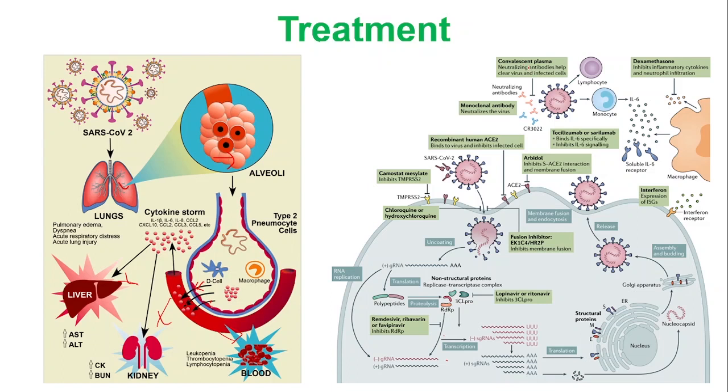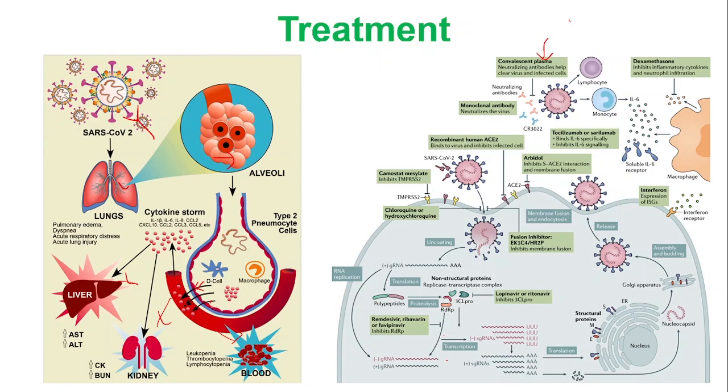Convalescent plasma is derived from an already infected person who has recovered, and this plasma contains neutralizing antibodies. These neutralizing antibodies bind to coronavirus spike proteins. Suppose these spike proteins are blocked by neutralizing antibodies, there will be no free spike proteins which can bind to these cells and enter the cell.